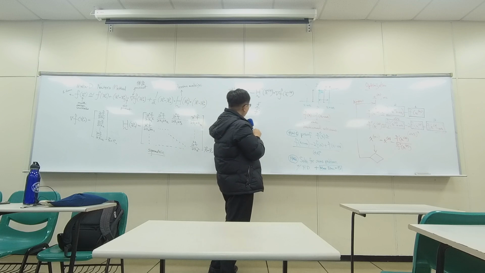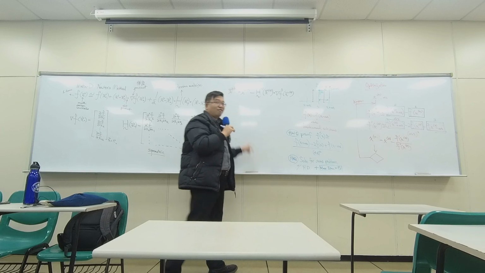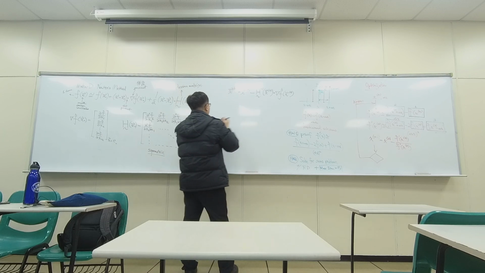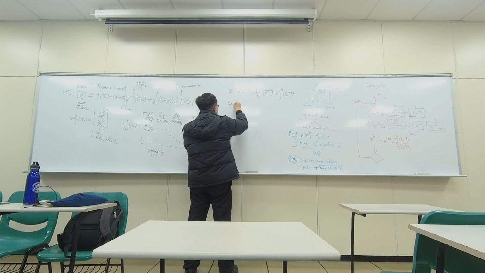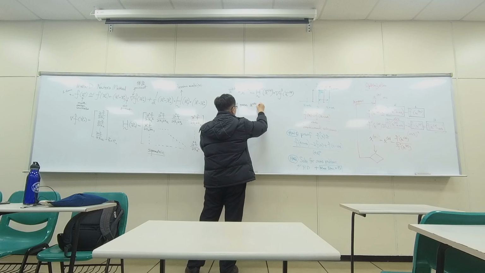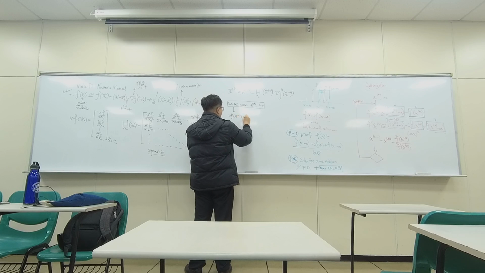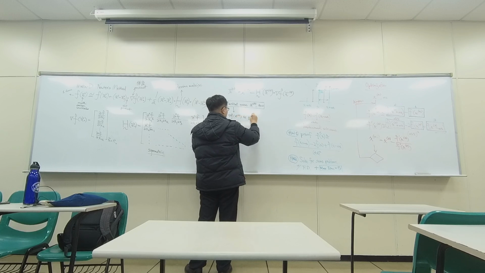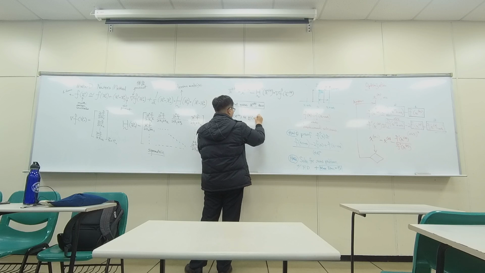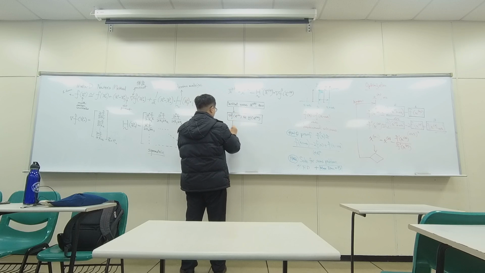Okay. Now, let's give you the complete procedure of multi-dimensional Newton. So initial guess, f of x, k equals 0. Then evaluate the gradient and Hessian. Then Newton's equation.